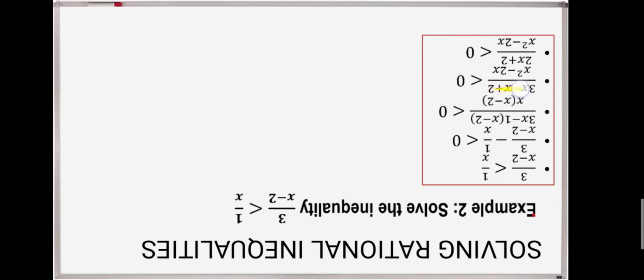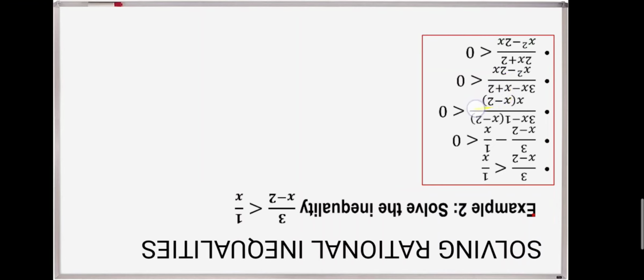So let's try to solve. x times x minus 2 divided by x minus 2 is x. Okay? Times 3 is 3x. Then x times x minus 2 divided by x is x minus 2, times 1 is 1 times x minus 2. Okay? Then simplify this. We have, okay, copy 3x. So negative 1 times x is negative x.